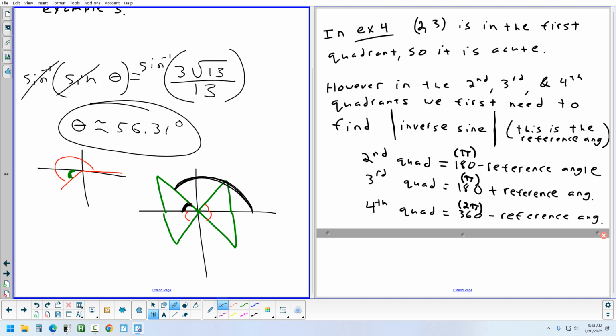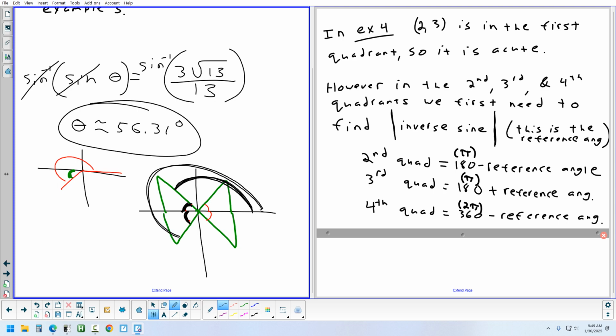If you want to find an angle in quadrant 3, that would be like that. When you do the inverse sine, it's going to give you your reference angle, that's just that piece right there. If you add that to 180, you'll get the angle in quadrant 3.